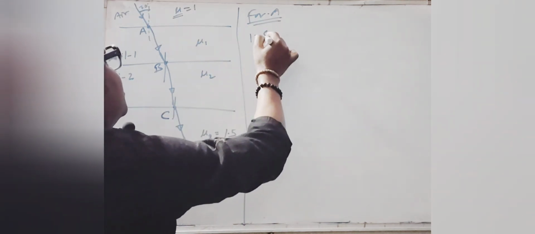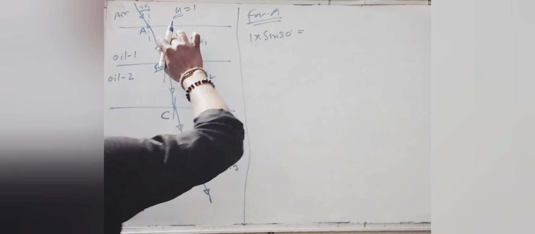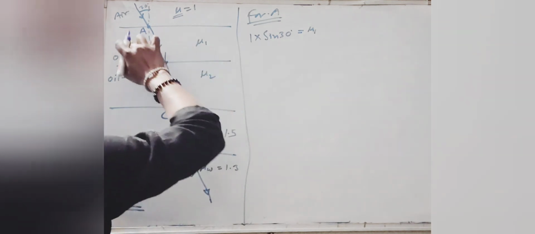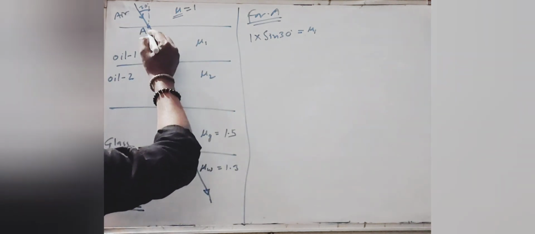So 1 into sine of 30 degrees equals the second medium, oil medium, refractive index mu1, and the angle you don't know, so let it be r.